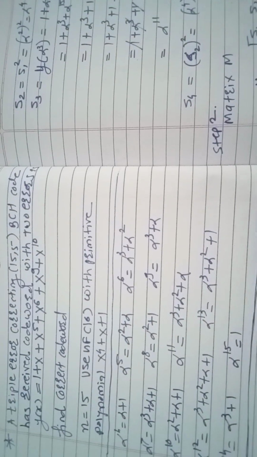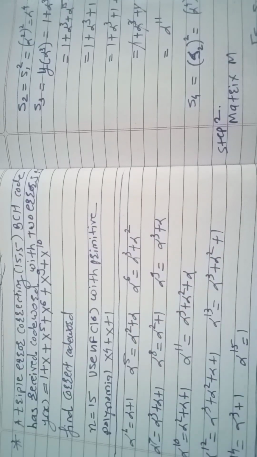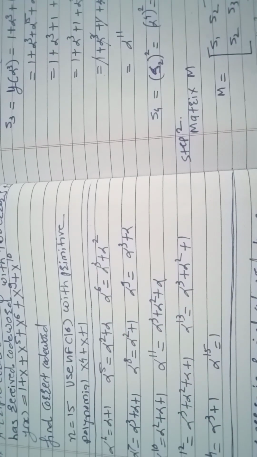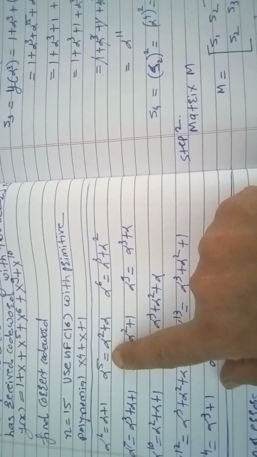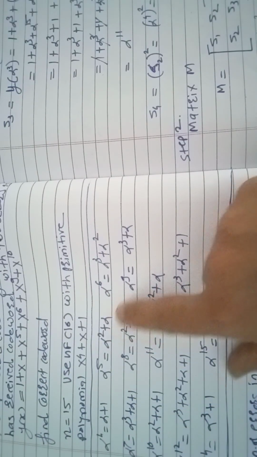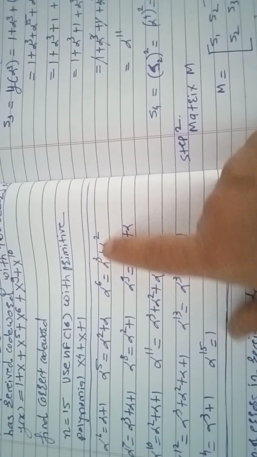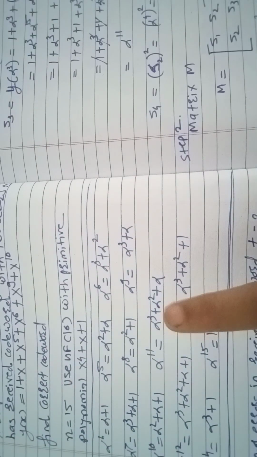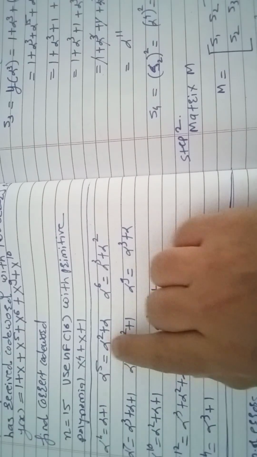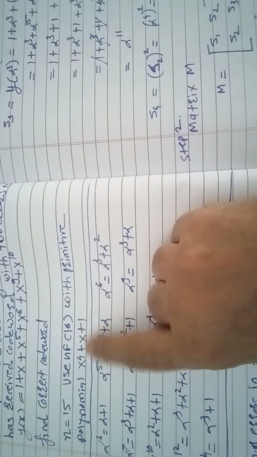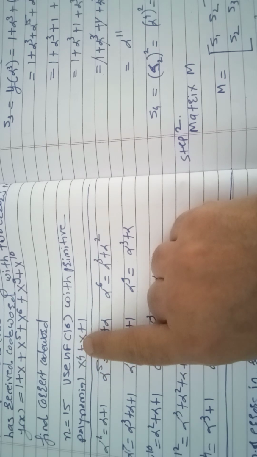We have already derived these equations for different elements of Galois field 16. That is, alpha raised to 4 is equal to alpha plus 1, alpha raised to 5 is equal to alpha square plus alpha, alpha raised to 6 is alpha cube plus alpha square. All these values we have derived in one of the videos, construction of Galois field 16 with primitive polynomial x raised to 4 plus x plus 1.